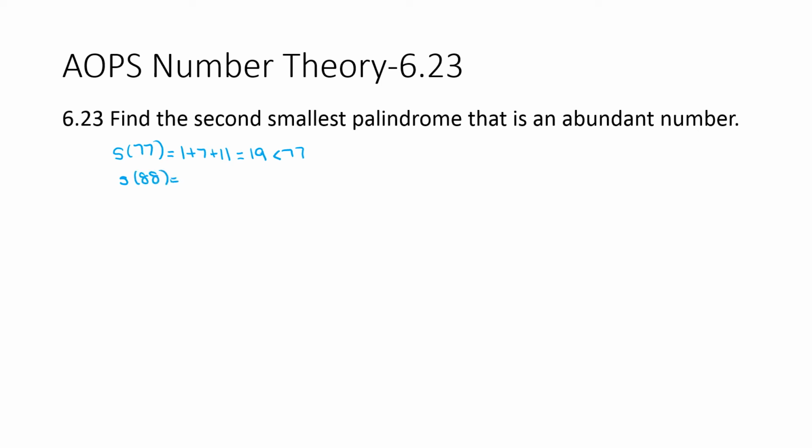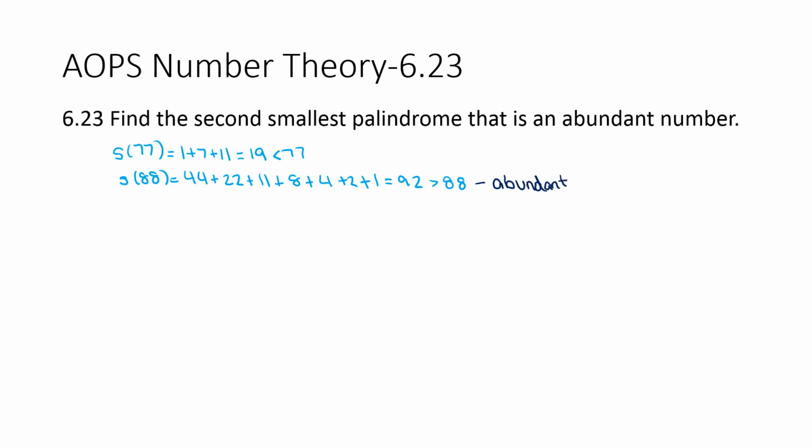And the factors of 88, so if we just test the biggest from two smallest, so 44 plus 22 plus 11 plus 8 plus 4 plus 2 plus 1, we'll just do it all, which is 92. 92 is greater than 88, so it's abundant.